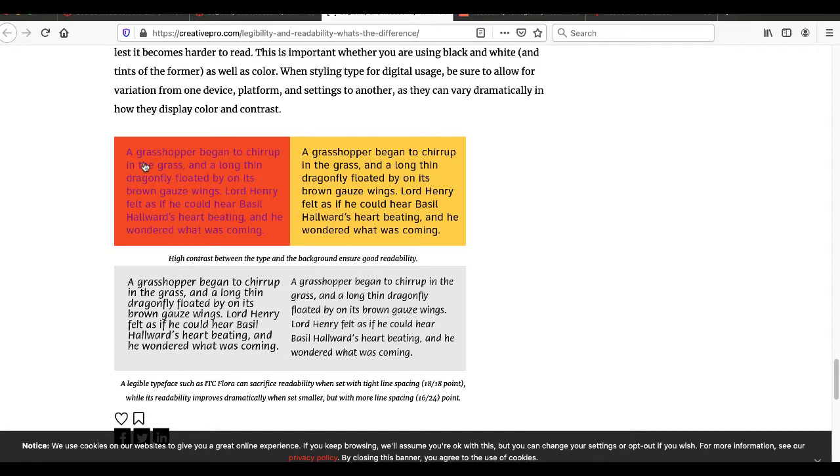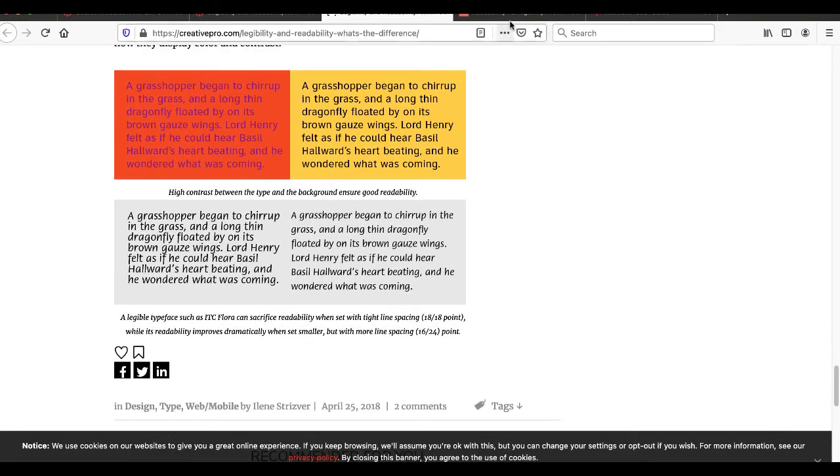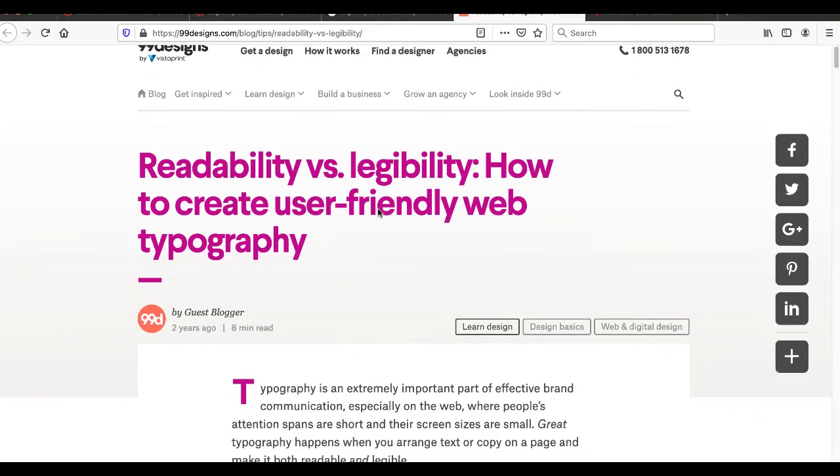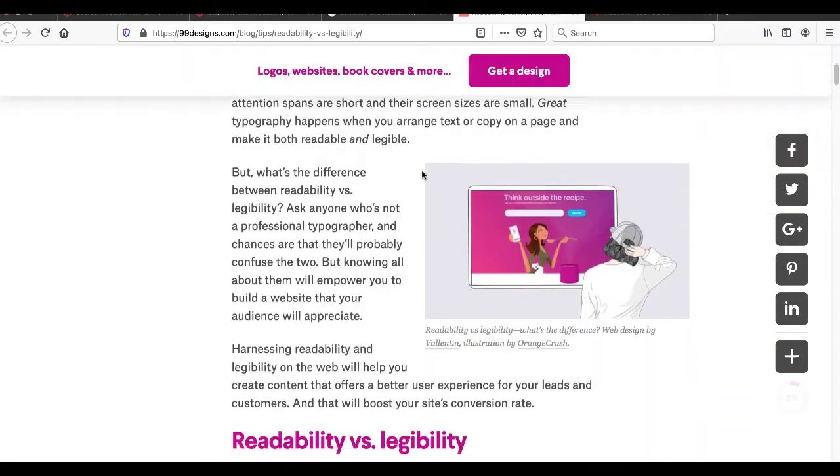If you kind of zone out a little bit, the red behind the purple starts to blur behind the words and it gives this vibration. So you want to make sure, especially if you're working on the web, that you pay very close attention to your colors. Okay? And then this talks more about web typography.